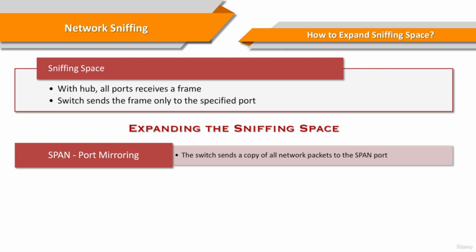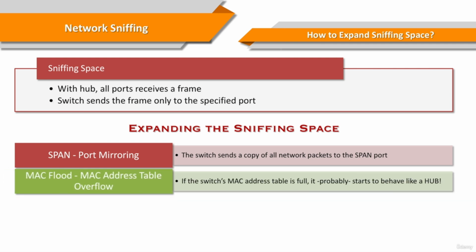In a MAC address table overflow attack, also known as MAC flooding attack, within a very short time, the switch's MAC address table is full with fake MAC address and port mappings. The switch's MAC address table has only a limited amount of memory, and when that table is full, the switch cannot save any more MAC addresses in it.